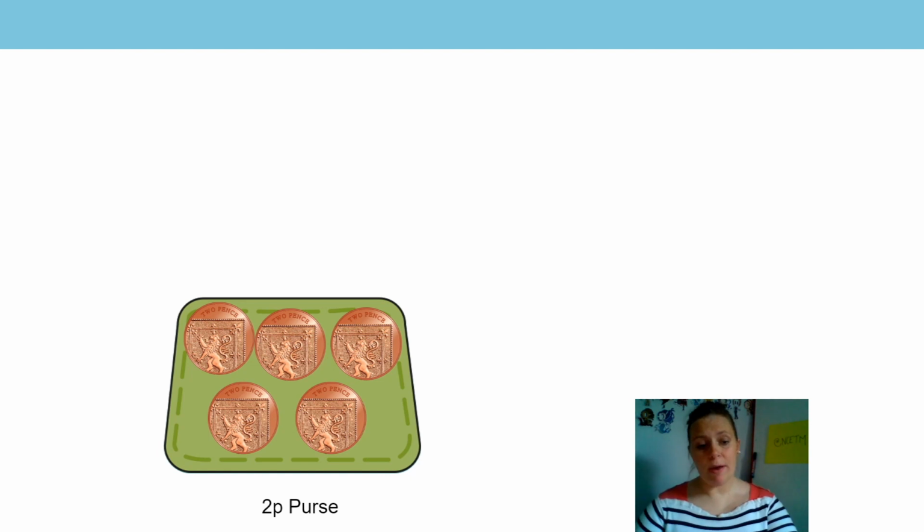This is my 2p purse. I only keep 2p coins in here. In here, can you see? I have 5 of them. I have 5 2p coins in my purse.